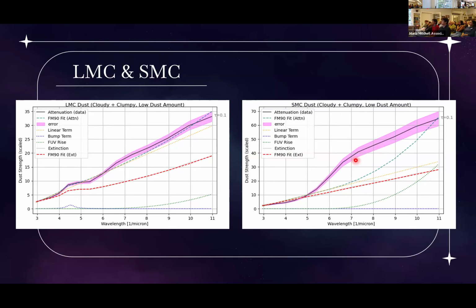That's because our simulation data is trying to fit a concave down slope, but the FM90 model was built for a concave up slope. So those just don't add up at all. While the FM90 worked fairly well in the Milky Way, the LMC and SMC fits break down. But this progression shows us that geometry alone doesn't explain attenuation.